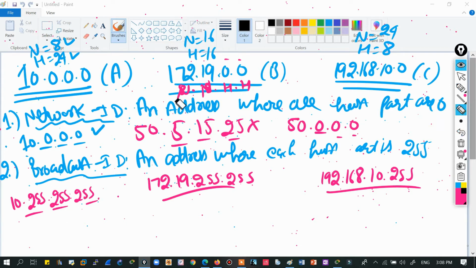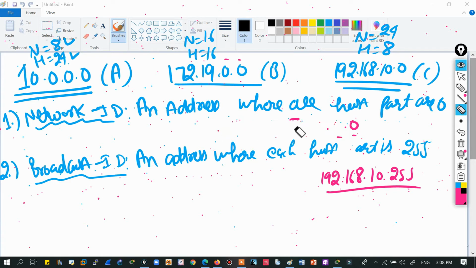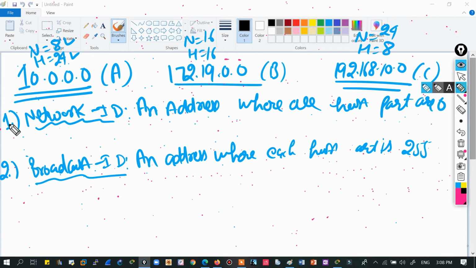Okay, fine. Now that we know about network and broadcast addresses, we need to know about some other terms. Let's discuss them one by one. First, let's see the IP range.